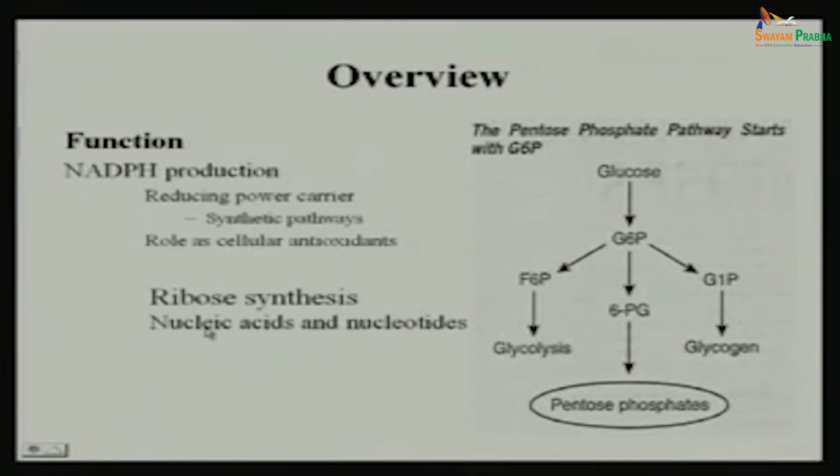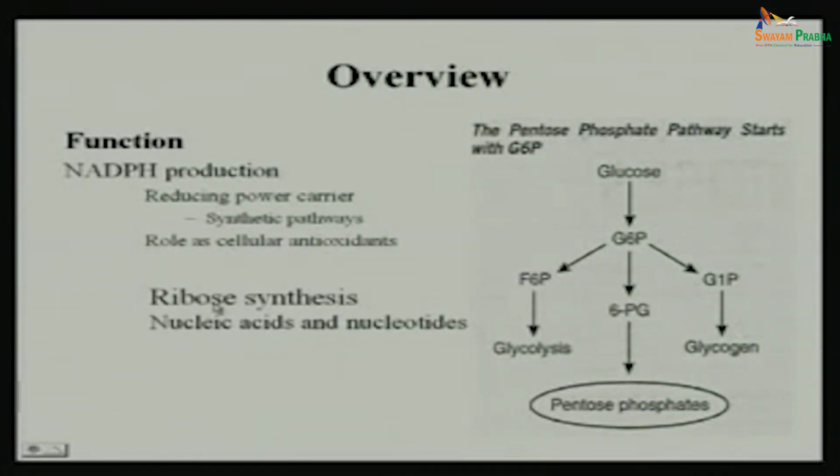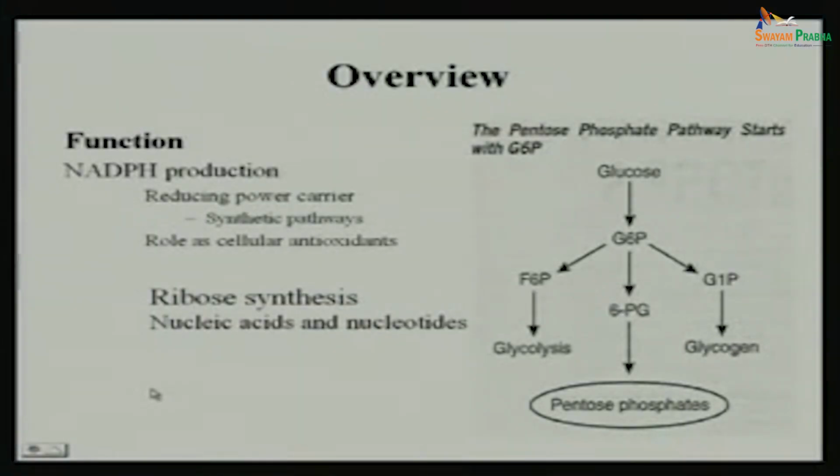I have also told you that another byproduct is the 5-carbon sugar, that is the ribose sugar, and in our earlier classes we have already learned that 5-carbon sugars are very important as far as nucleic acid is concerned. If we see the structure of a nucleotide, we can find that the 5-carbon sugar moiety is there along with the nitrogen base, and a phosphate group is attached to that.